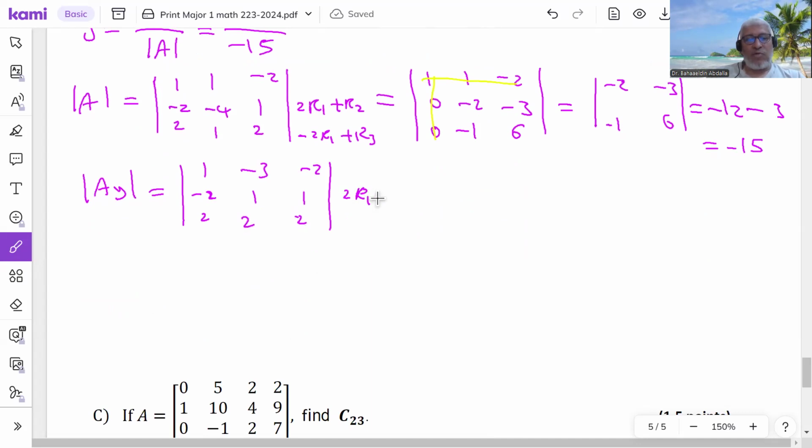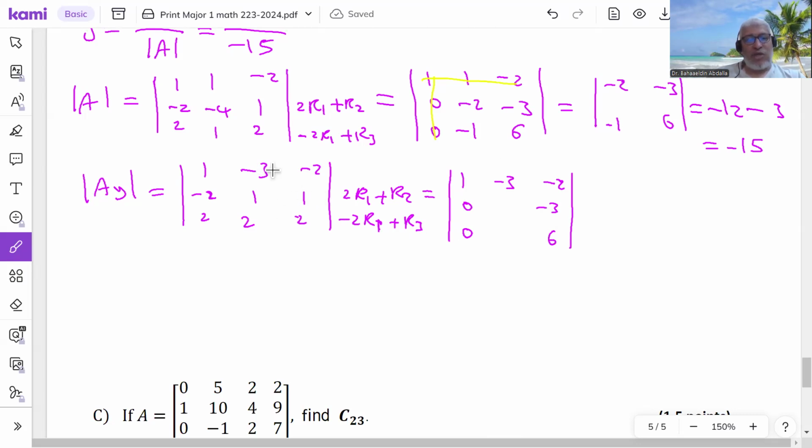I'll multiply row 1 by 2 and add it to row 2, and -2R1 plus row 3. So I'll have 1, -3, and -2. And this is 0, and this will be 0. And this is -3, 6, like this will not change.